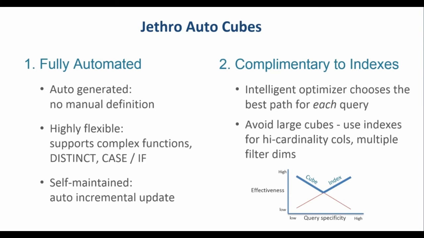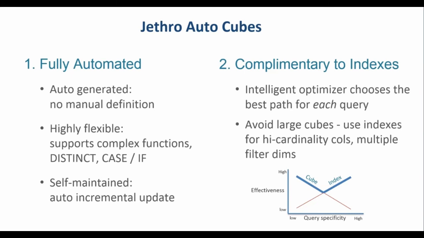They support very complex functions, including count distincts, complex expressions with case and ifs and join. You can throw at the Jethro cubes any complex dashboard that you have, and we can handle it. And cubes are self-maintained. Data changes, incremental loads are all handled behind the scenes by the cube mechanism without manual maintenance or manual operations.